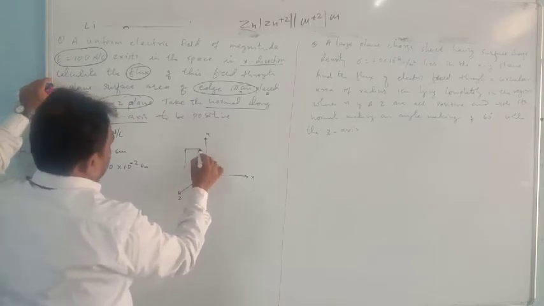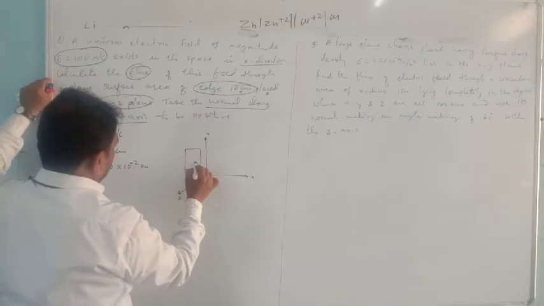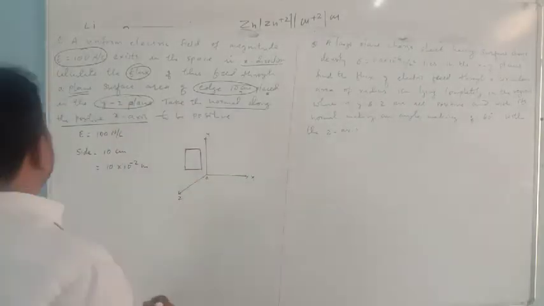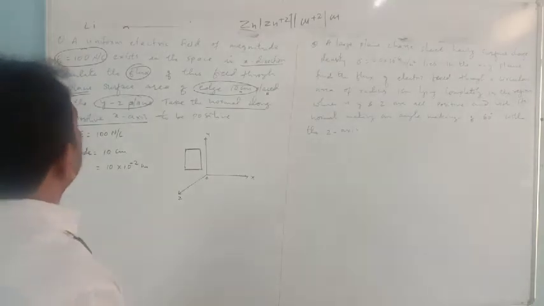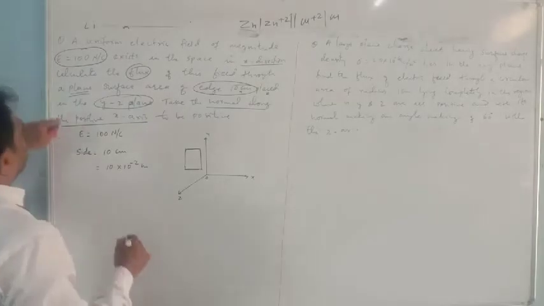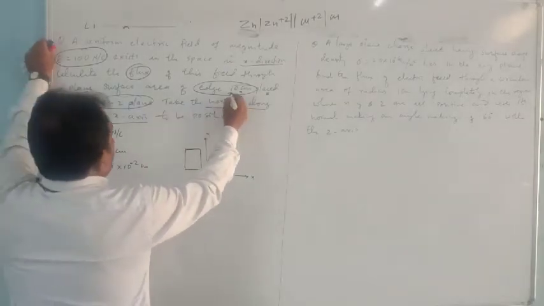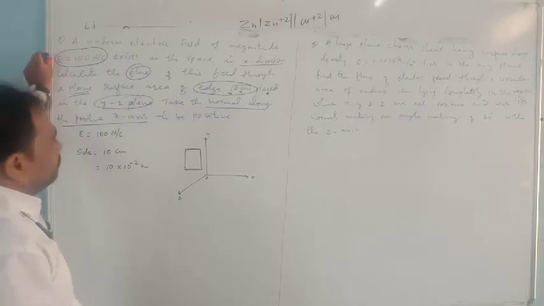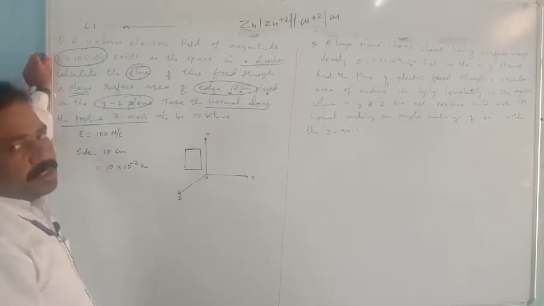So it is a plane surface area. Plane surface area means it is a square plate.